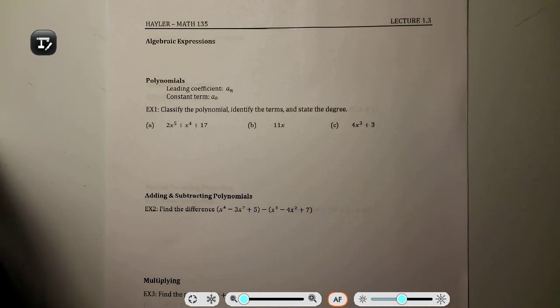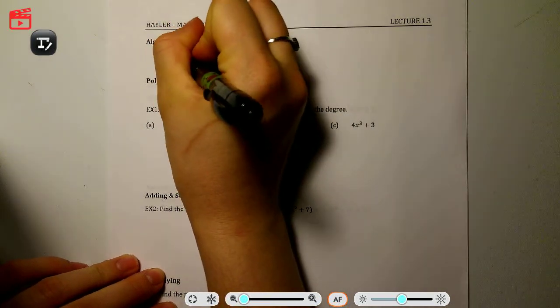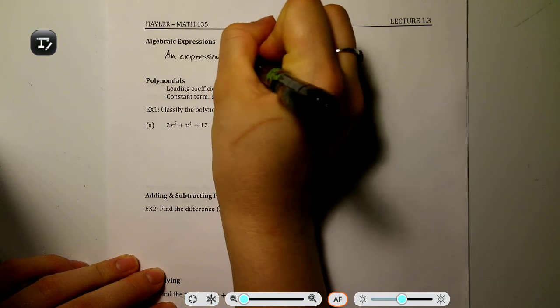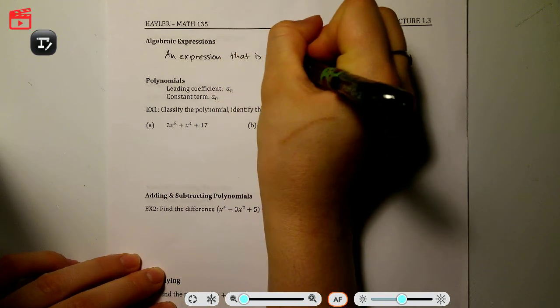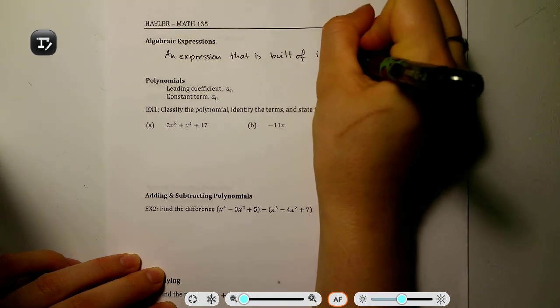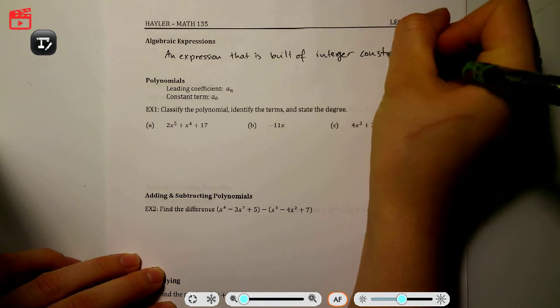Alright, so here we are with lecture 1.3. So we're taking a look at algebraic expressions. So what are algebraic expressions? Well, it's an expression that is built of integer constants.